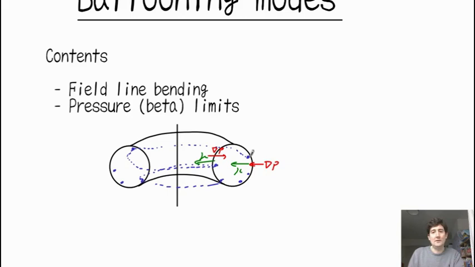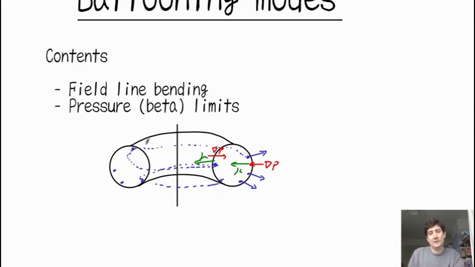And so in some cases it's energetically favourable for the field lines on the outside to balloon outwards. Because the field lines on the inside are being stabilised, if they moved outwards it would take energy to do that. And so it becomes favourable for these field lines to basically stay still, and the field lines just move over here, which means you have a bending of the field line.